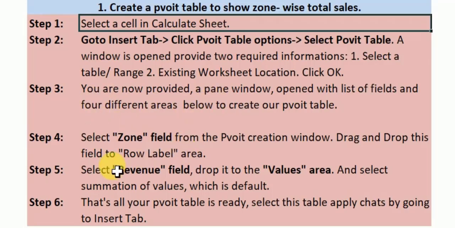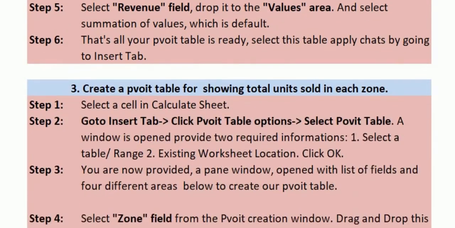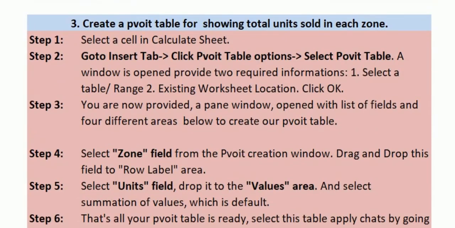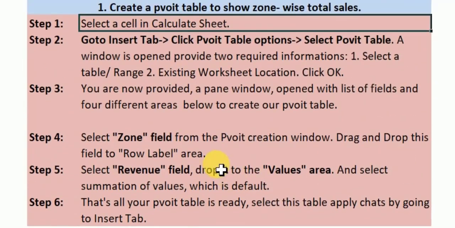The 4th step is to create the zone field, then drop that into the row label area, then select the revenue field, the total sales, and drop it in the value area. The same things we have listed here also. You can check them out later. For all the 3 pivot tables you have the steps here.